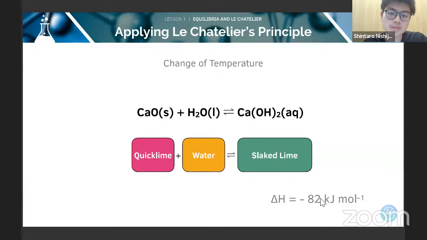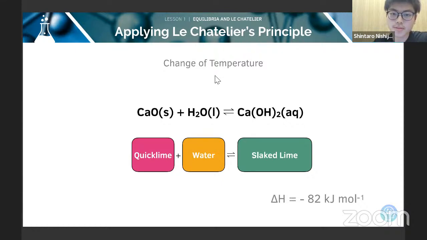The number is not too important; the important bit is that it's a negative. They'll always give you the enthalpy change for the forward reaction, so this is saying that the forward reaction is exothermic. That means the backward reaction is going to be endothermic.